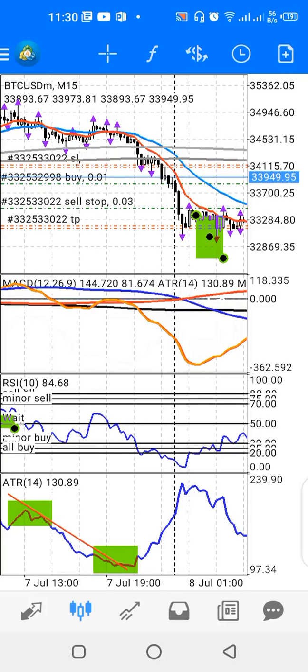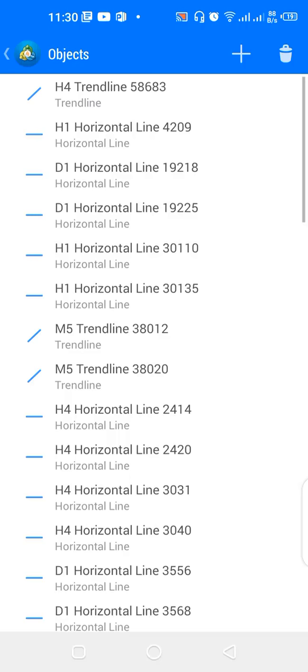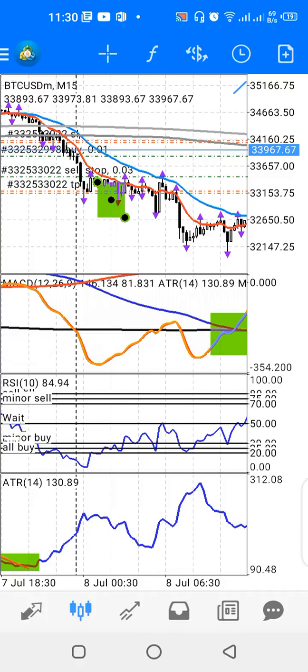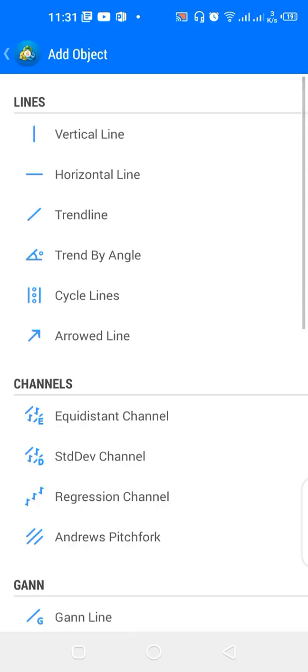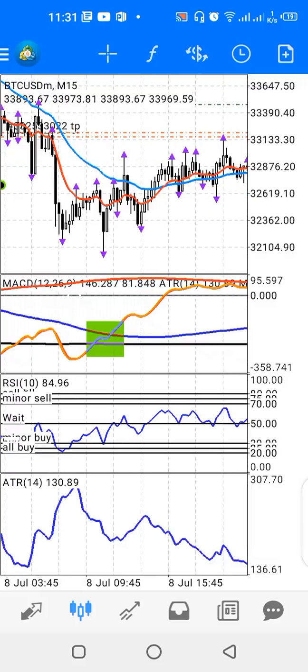Same thing for the sell signal, where you can easily draw your trend line. Where the ATR line cuts the trend line, like a break or change of direction on the trend line, that's a sell signal. So that's how to use the indicators on this screen.